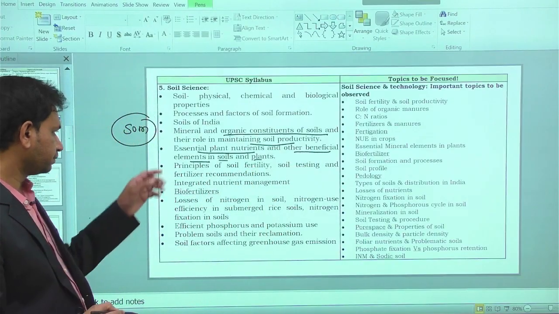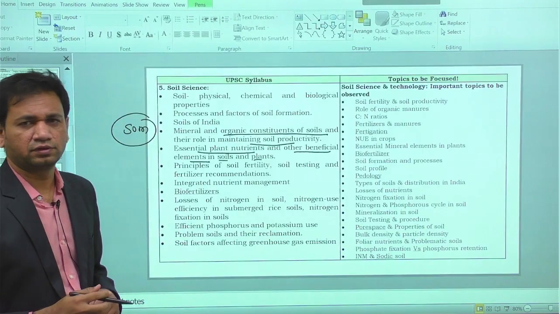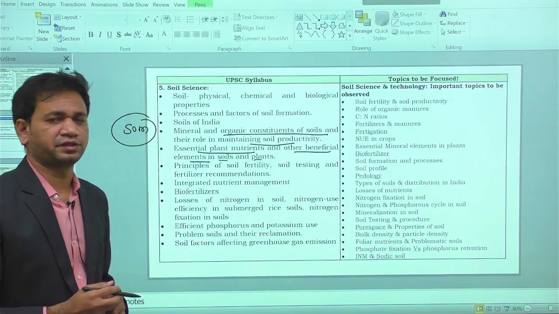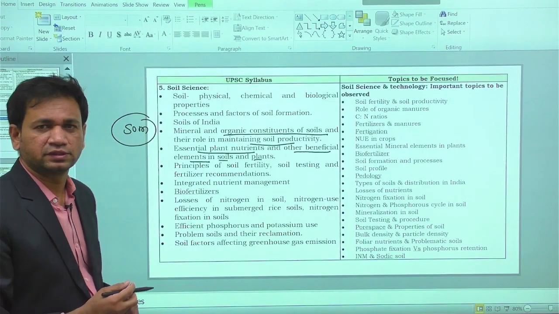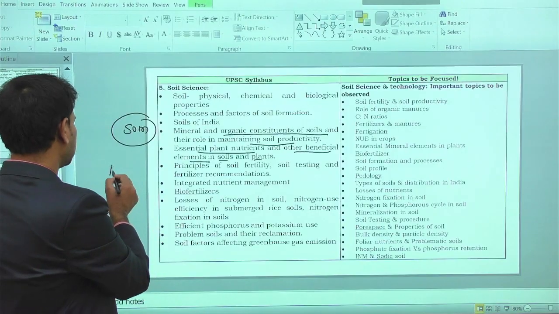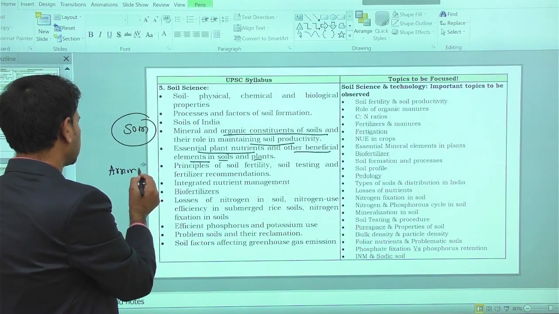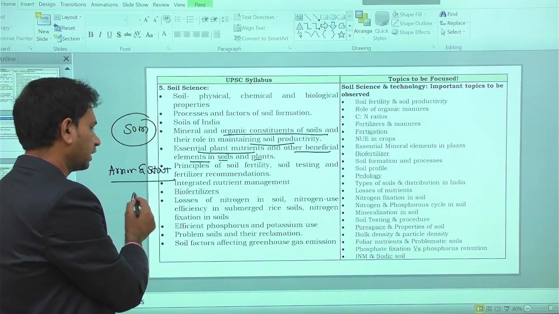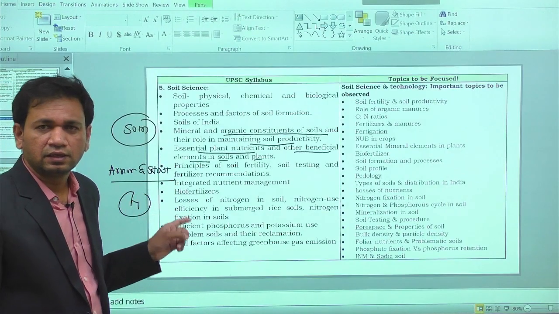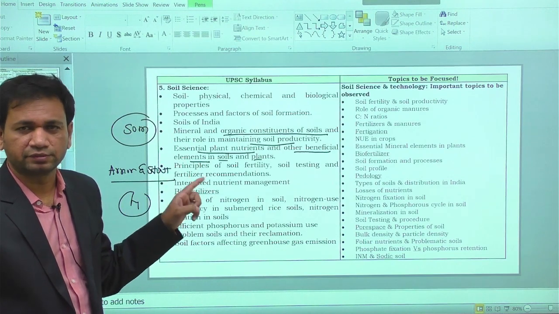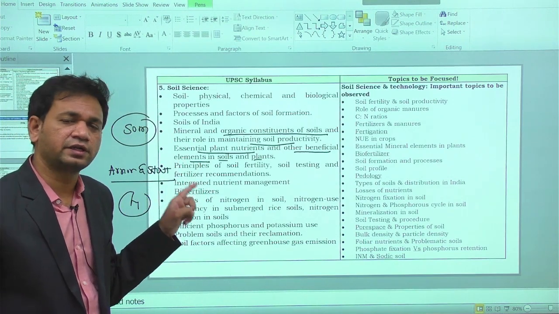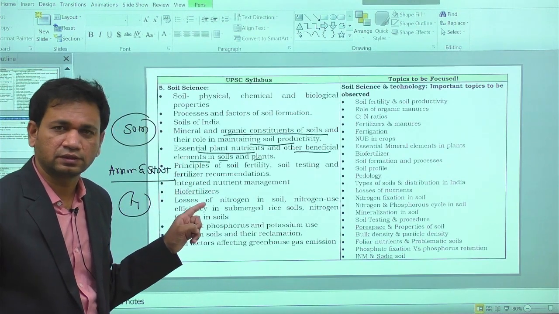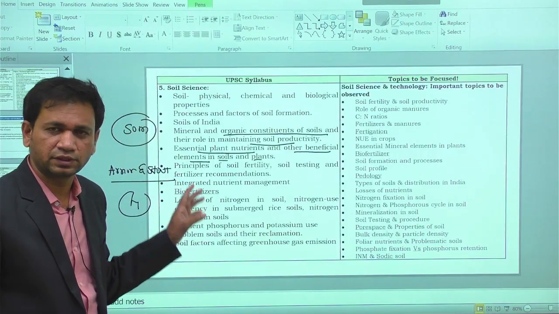In the case of plant nutrients, the essentiality of a plant nutrient was given by the criteria called Arnon and Stout criteria. According to the Arnon and Stout criteria, there are criteria to define how an element is essential to the plant, because without that element the plant is unable to complete its growth cycle. That is one criterion suggested by Arnon and Stout.